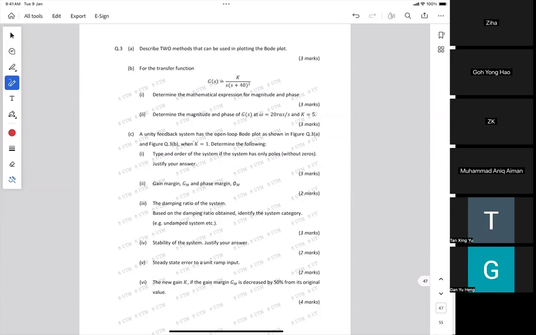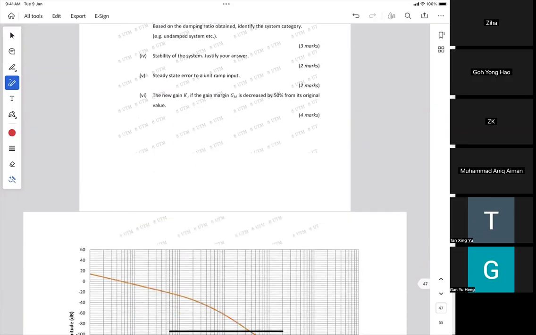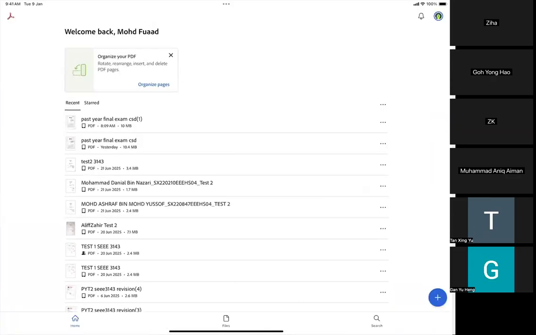Question 3C. A unity feedback system has the open loop bode plot as shown in figure Q3A and Q3B when K equals 1. Determine the following. Type and order of the system if the system has only poles without zeros. Justify your answer.